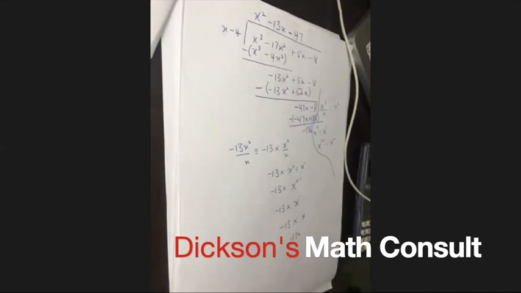So x minus half and x minus 2. Now the x minus half, don't you think it is 2x minus 1? Yes, 2x minus 1, yes.